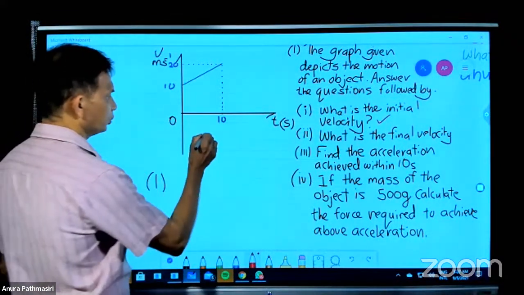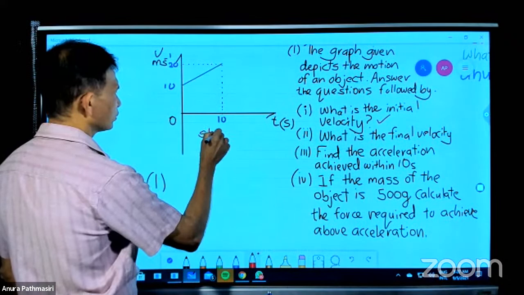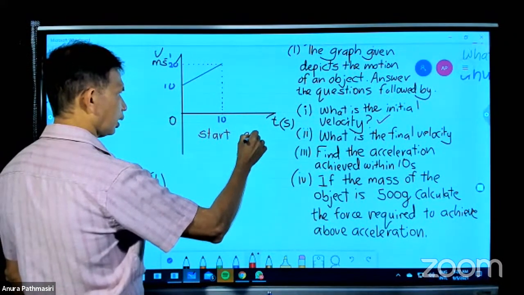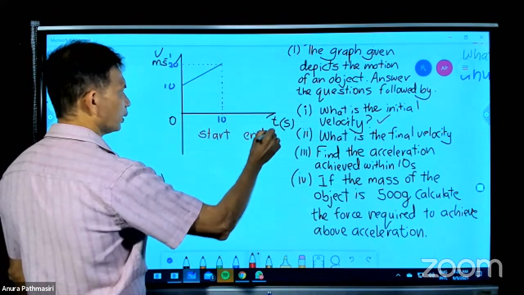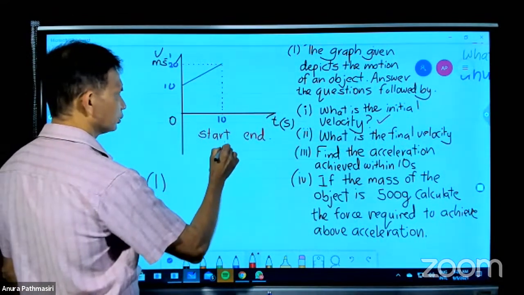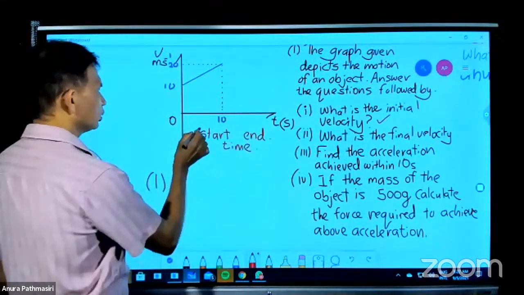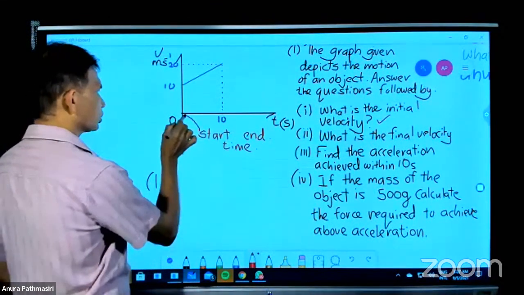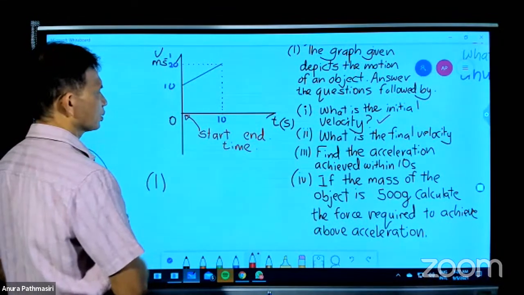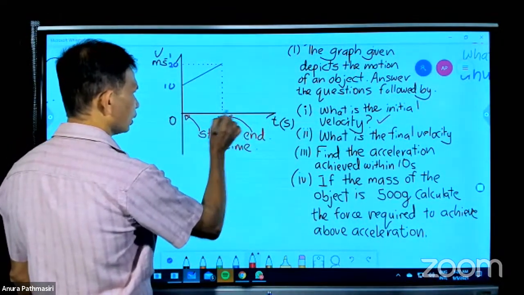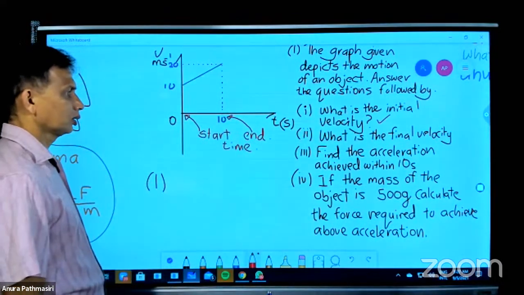You refer to start and end by considering the time. You have to consider the time. So starting time is 0, end time is 10, right?